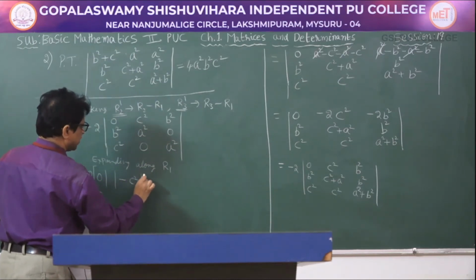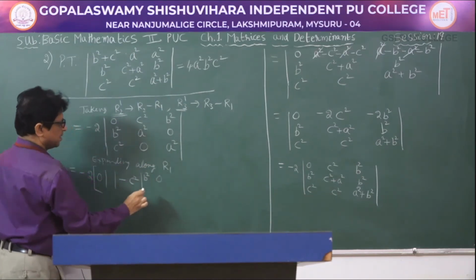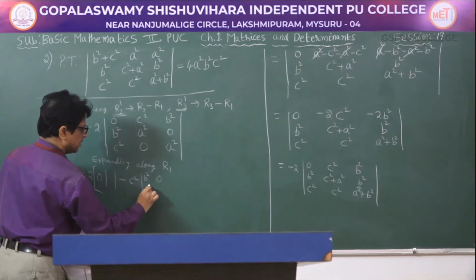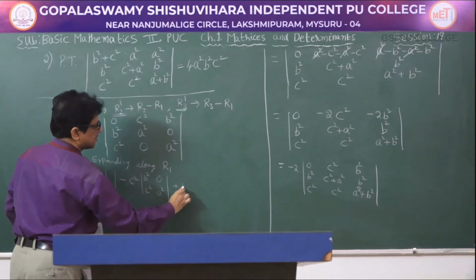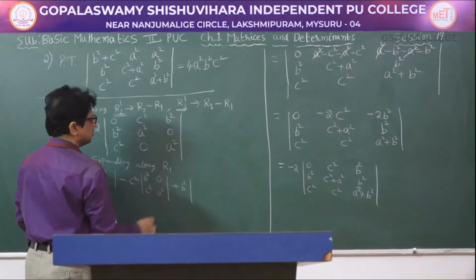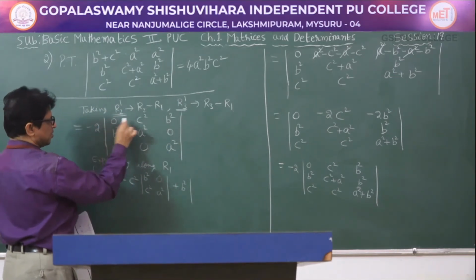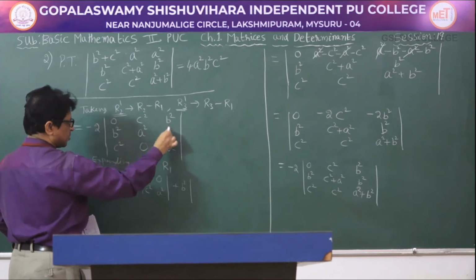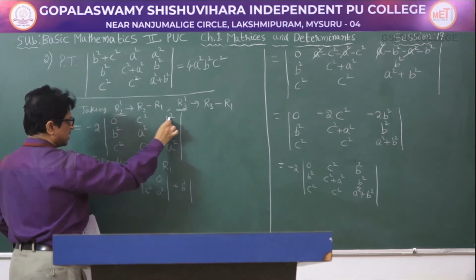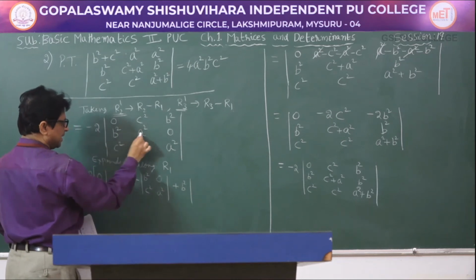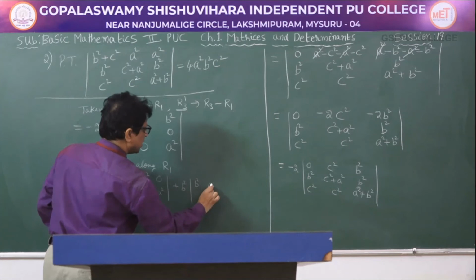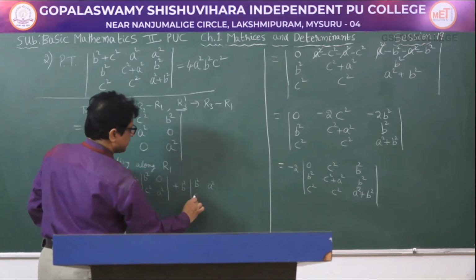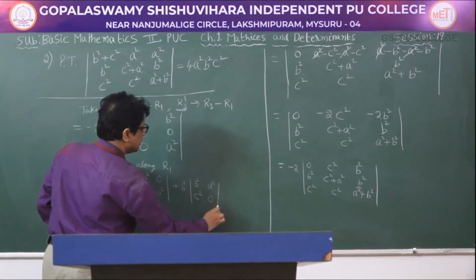That is determinant of b square 0, c square a square plus b square into determinant of, so b square lies in the first row and third column. We eliminate the first row and third column and take the determinant of the remaining elements. That is b square a square, c square 0.